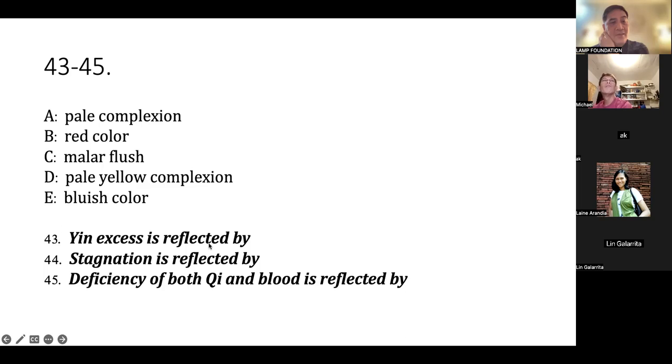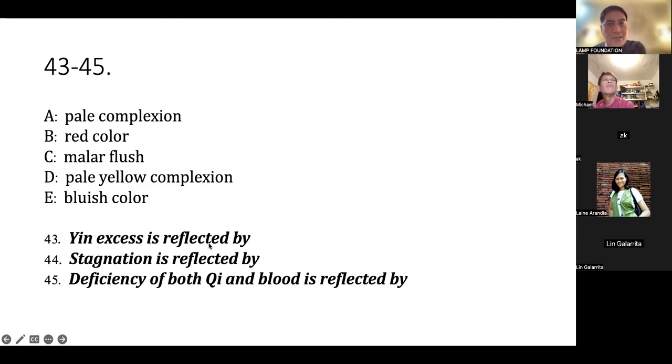Yes. Pag deficient. So, pwede rin letter A ang answer? Yeah. Pale yellow. Letter D po, kasi pale yellow, parang bright yellow din yan eh. Pale eh. Hindi siya dark yellow. Pale. So the answer is letter D, hindi naman pwedeng Malar Flush.